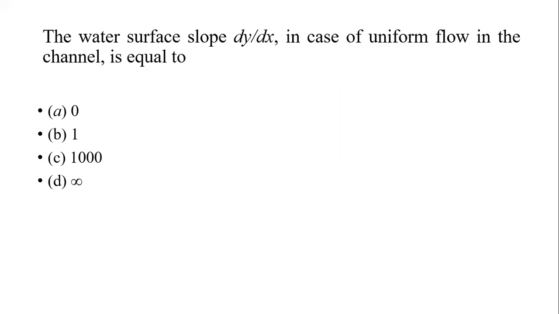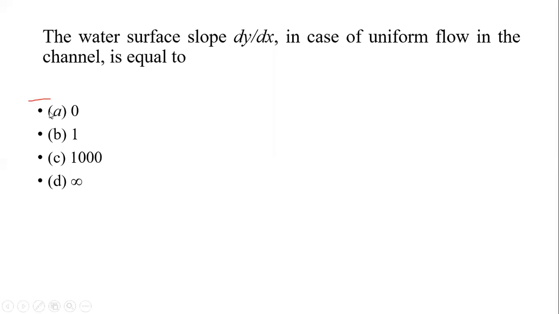Now I have discussed that part, so with respect to that you can give the answers. This is the condition for uniform flow, and for uniform flow, what is the ratio dy by dx? Those who know can go for it.